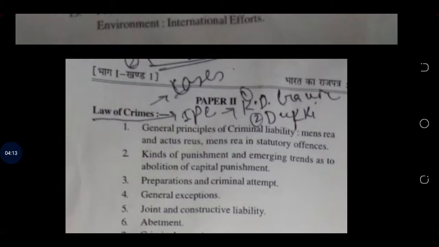In this paper you have to read the general principles of criminal liability, mens rea and actus reus, mens rea in statutory offences, kinds of punishment and emerging trends as to abolition of capital punishment.